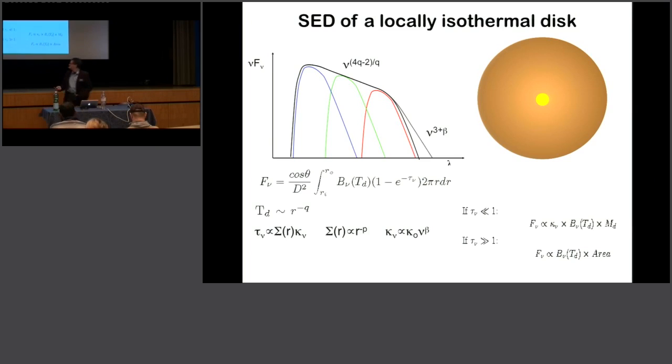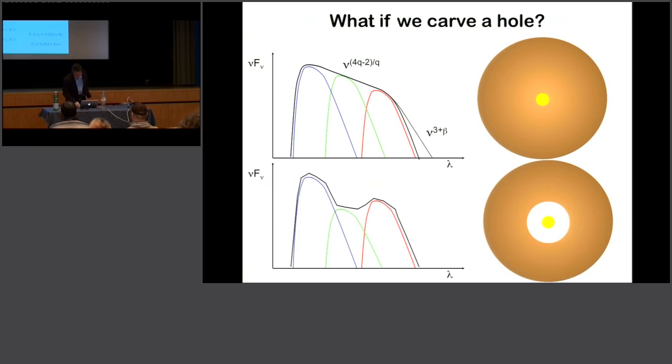So basically, if you look in the infrared, you are sensitive to the area that is emitting at that temperature, and if you look in the submillimeter, you are sensitive to the mass that is emitting at that temperature in the outer disk. Okay.